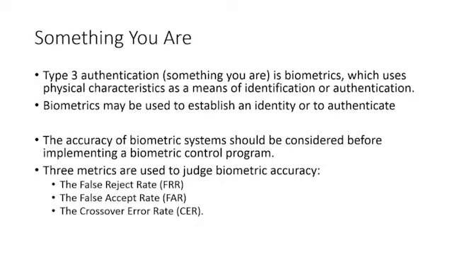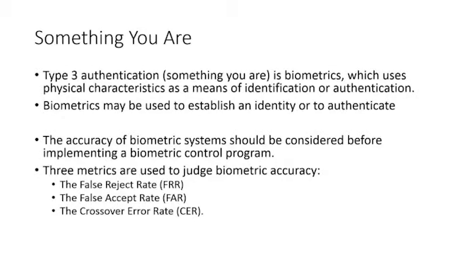And then something that you are. The one that is not as popular as the other two as far as use out there, but it's getting more and more prevalent. Type 3, something you are, is biometrics, physical characteristics. We use these physical characteristics for authentication. We can also use them for identification in most cases, because that's my eyeball.